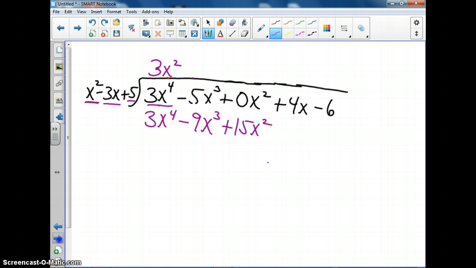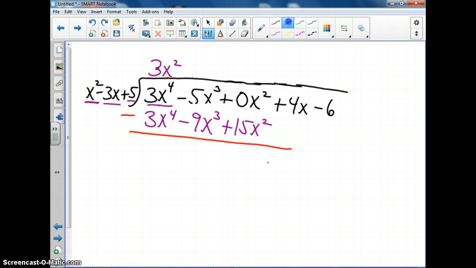Now what's the next thing I have to do? Now you subtract, just like you did in elementary school. So 3x to the 4th minus 3x to the 4th, how much do you get? You get 0, or you just don't put anything down. They cancel.